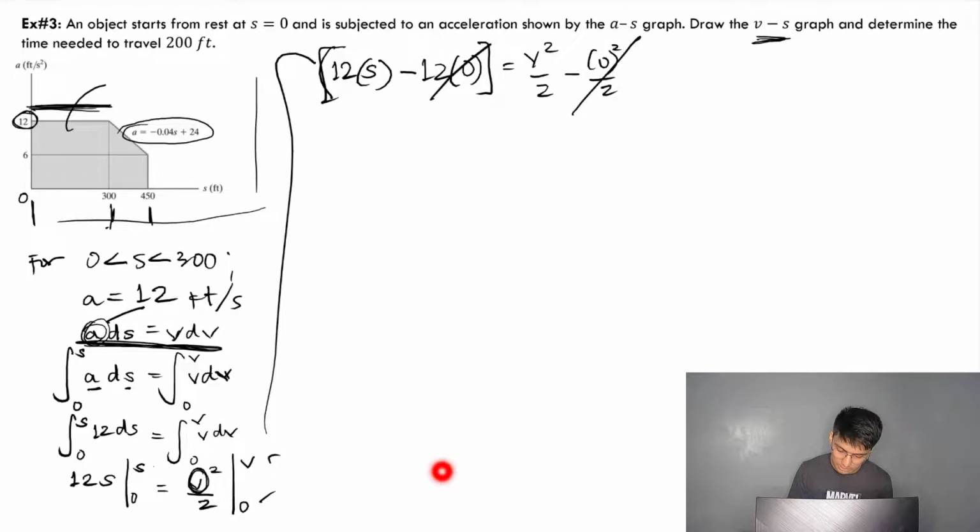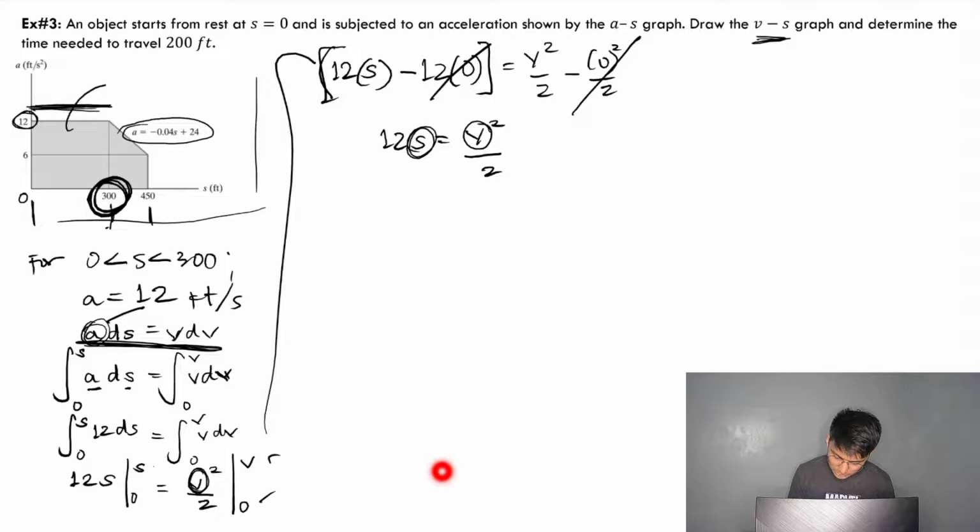Ang matitira sa atin, we have 12S is equal to V square over 2. Masasolve na natin yung velocity kasi meron naman tayong value ng S, yung ating 300. Kapag 0 na yung nilagay natin dyan, 0 na rin yung velocity. And kapag 300, ano yung magiging value ng velocity natin?